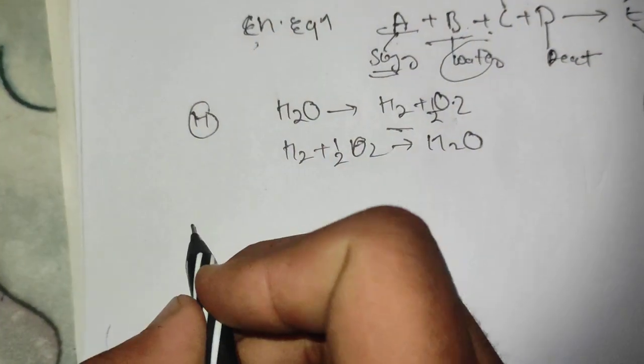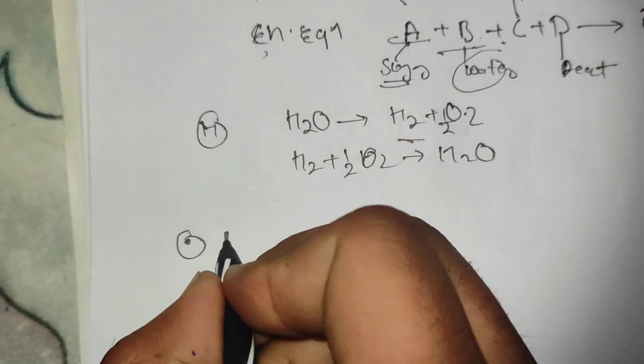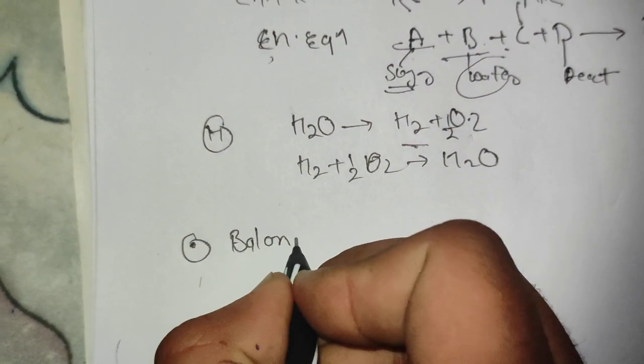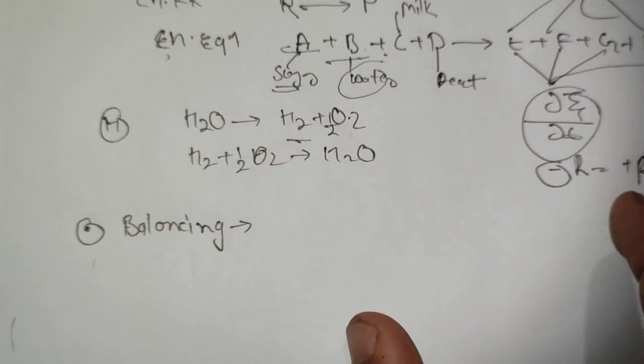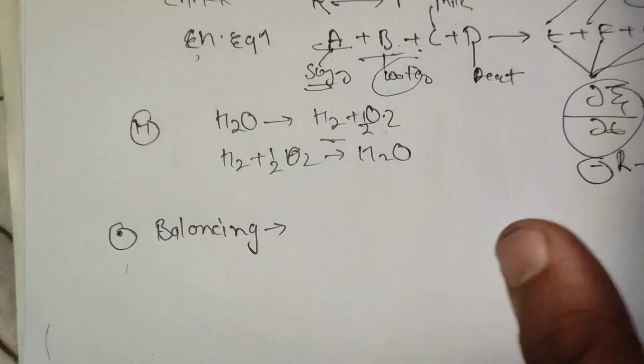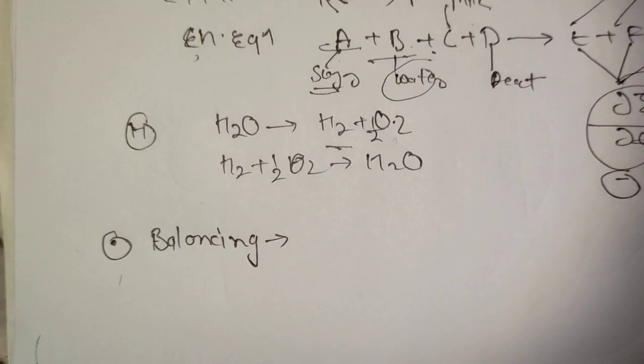Okay, now the main part is the balancing of the chemical equation. The first question that comes to mind is why we need to balance a chemical equation. Without balancing, the work is already done. Yes, good question.